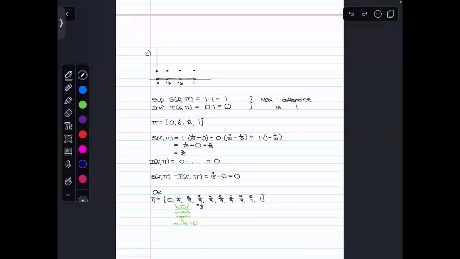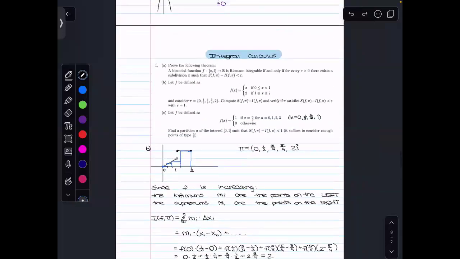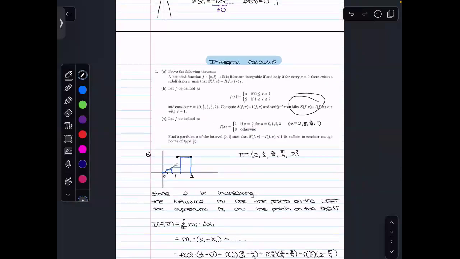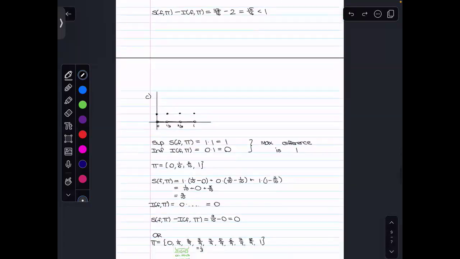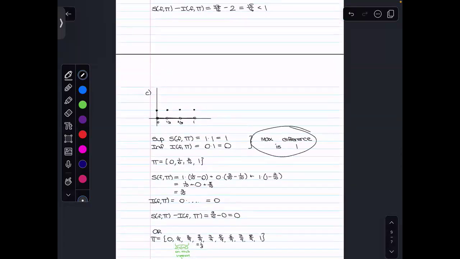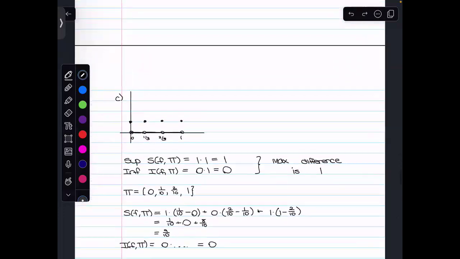Well, since we're trying to make it so that the difference is less than something, first I'm just trying to see what's the absolute biggest difference I can get. Is that more than 1 or not? And then this can give you an idea of how to approach it. So in this case, if you see that the difference is 1, then you just need to make it a little bit smaller. My point is that you just need to make it so that one of those points is not included in a subinterval.